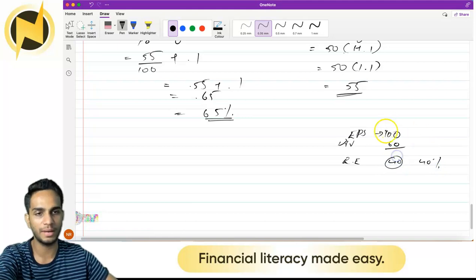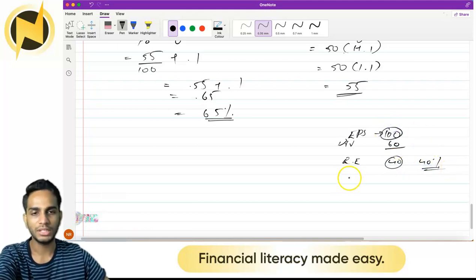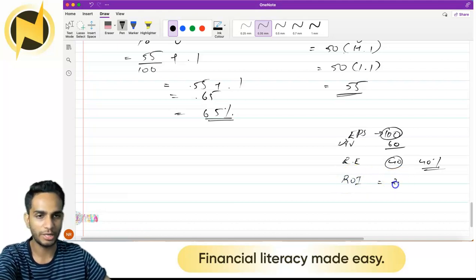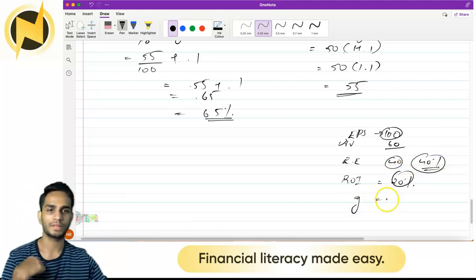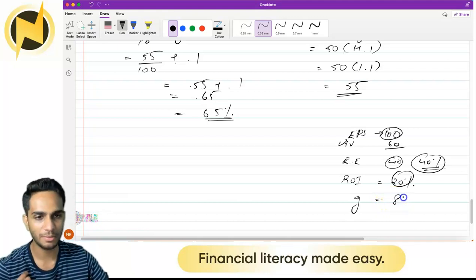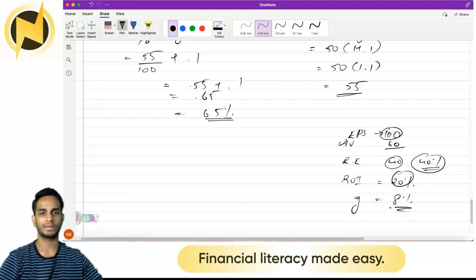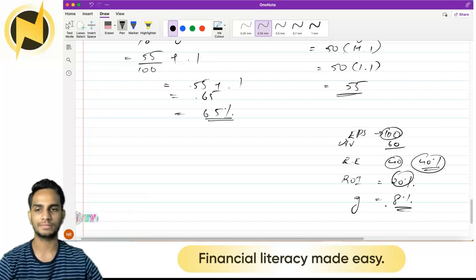That is 40 divided by 100. Correct. This is their retention ratio. Say the company has also given their return on investment. Return on investment is say 20%. So growth rate G is equal to 40% into 20%. Clear? That is 8%. As simple as that. Fine.